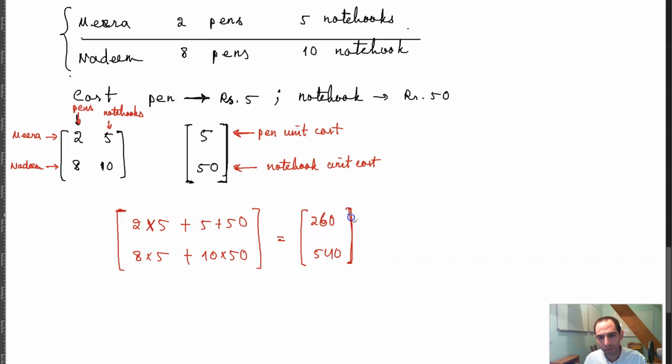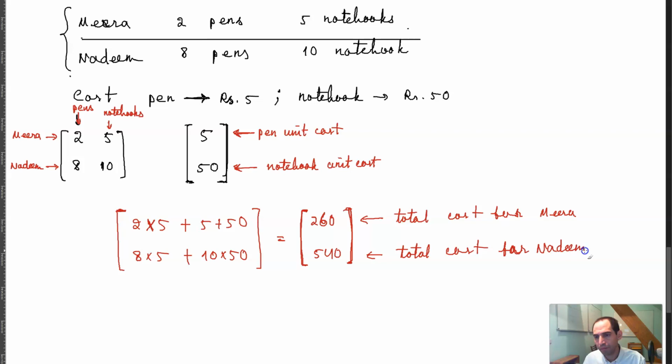So as a result, in this matrix, this is the total cost for Mira, and this is the total cost for Nadim. Right?